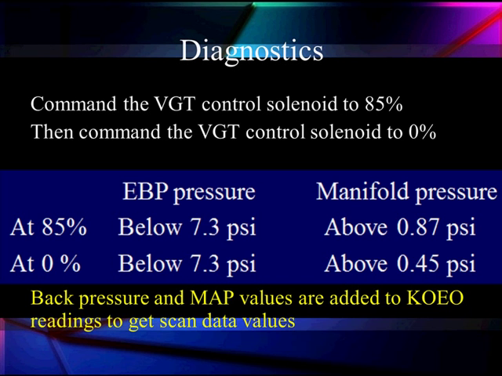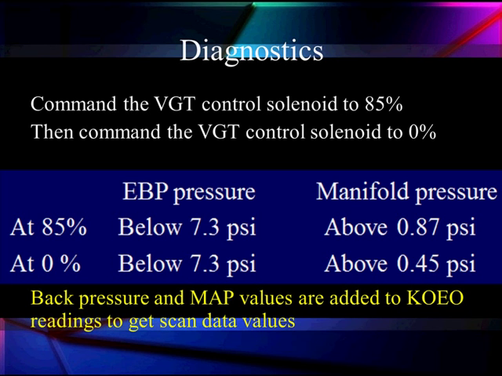So to see the change, we have to go to the manifold pressure side. We put a pressure gauge in the manifold pressure side, and now we should see readings that vary between 0.45 at 0 up to 0.87 as we increase to 85%. These values, remember, are added to our starting point. If we had 14.4, you'd be looking at it going from 14.85 at the 0%.